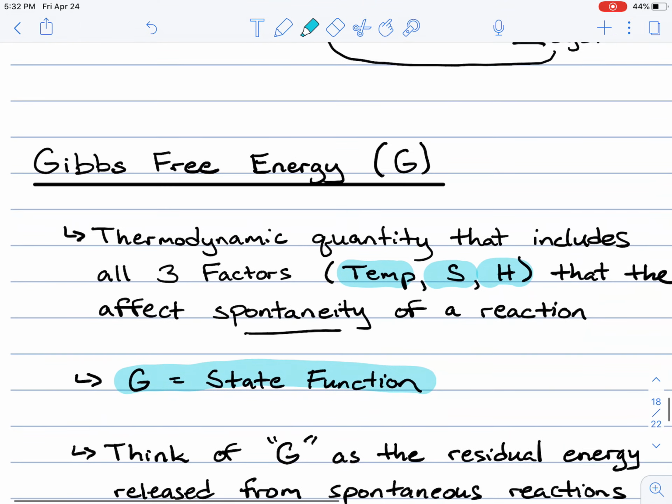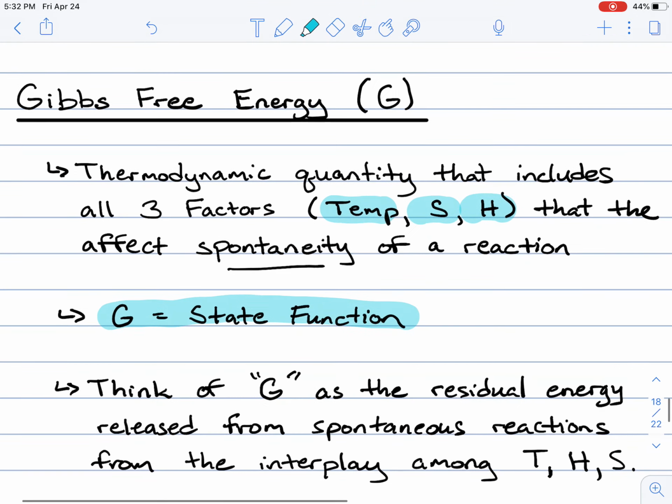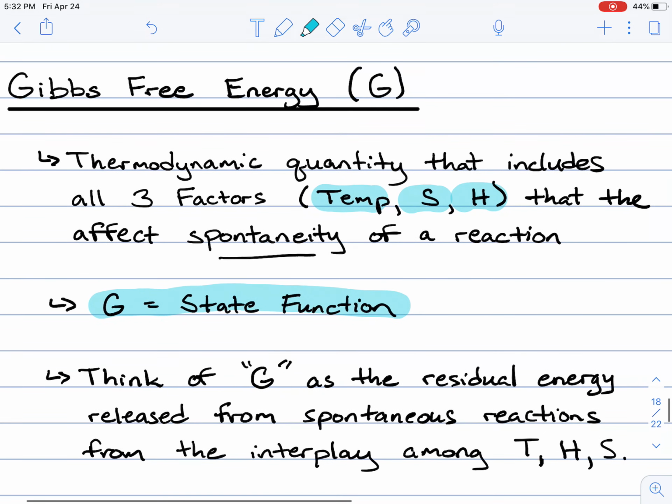And so one way that you guys can think of Gibbs free energy is like that residual energy that's going to be released from spontaneous reactions.